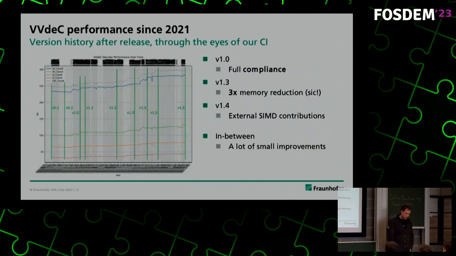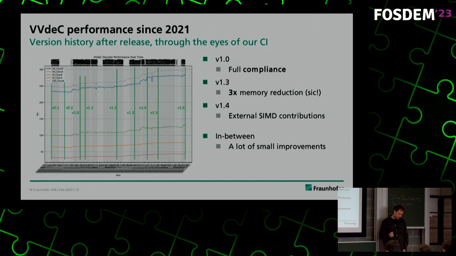All right, let's look a little bit into the development history. On the left is the performance graph for different resolutions, different coding conditions, like random access or all intra. Major milestones: 1.0, full compliance with the standard. In version 1.3, we did a 3 times memory reduction, and I was also asking myself, how could we have ever released any other version?